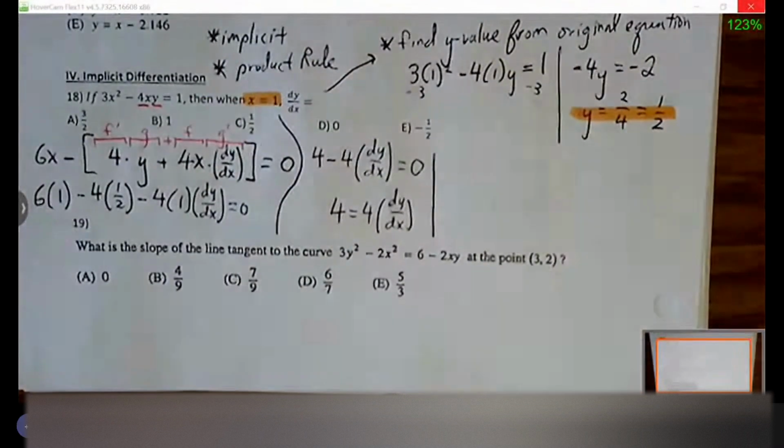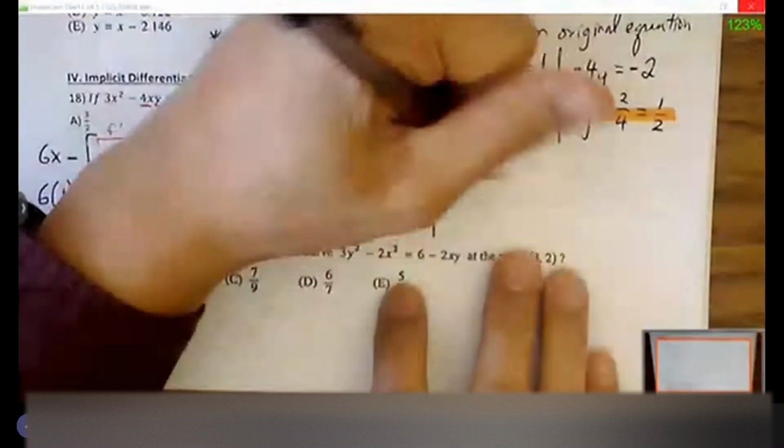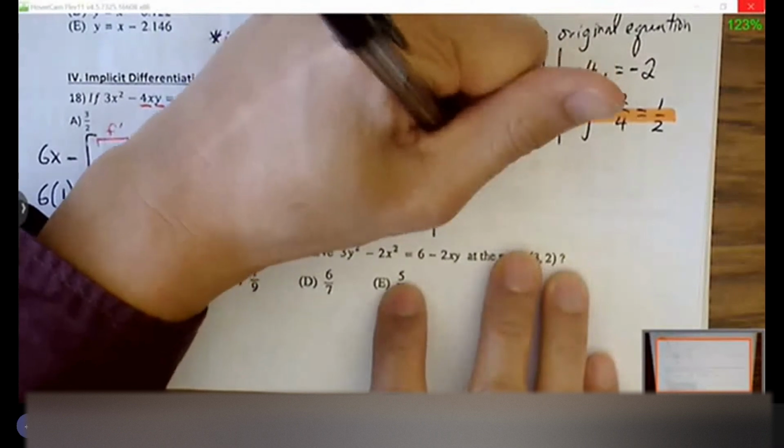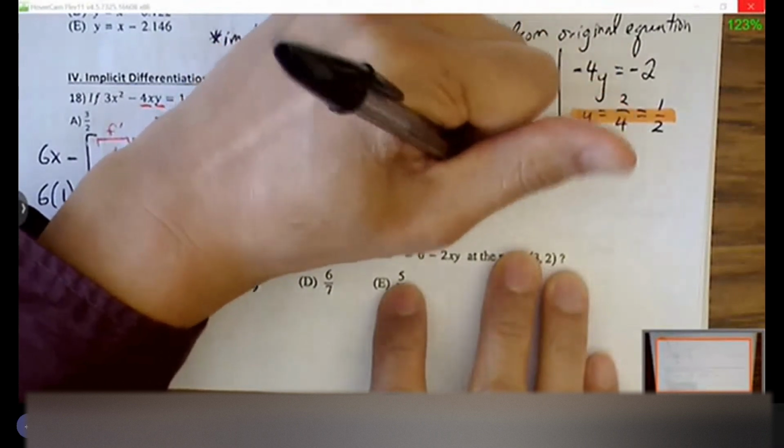Divide both sides by 4, I get dy/dx equals 1. And that's my slope.